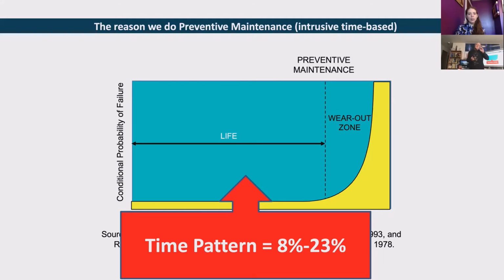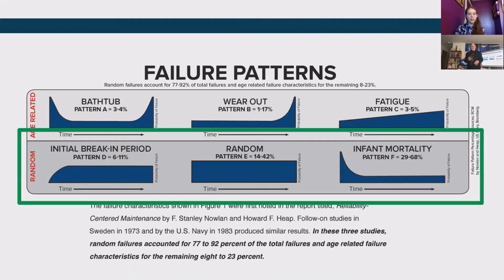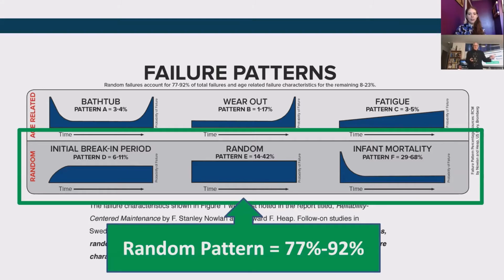So if we're spending more than 23% of the time doing time-directed tasks that are on a periodicity basis, it's possible we could actually be creating problems. Because if you look, those bottom 3 patterns, those are what we call random. It doesn't mean chaos. It just means that for 77 to 92%, there's no time-based pattern that we can rely on.